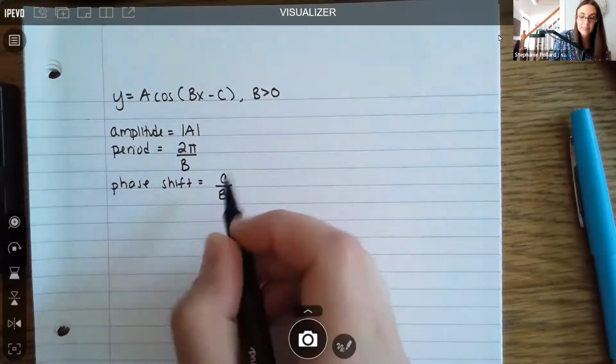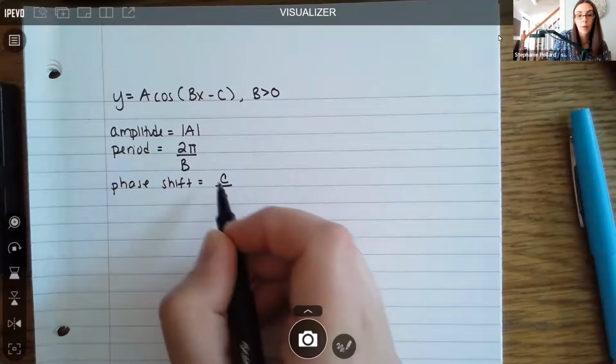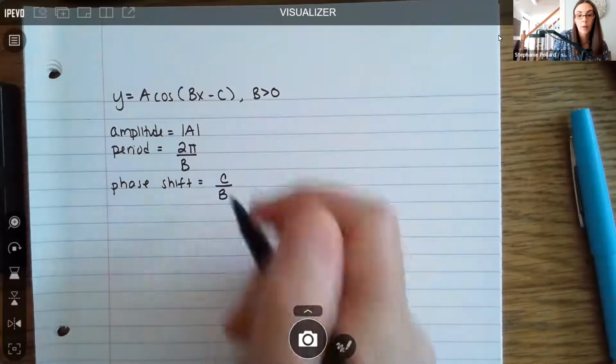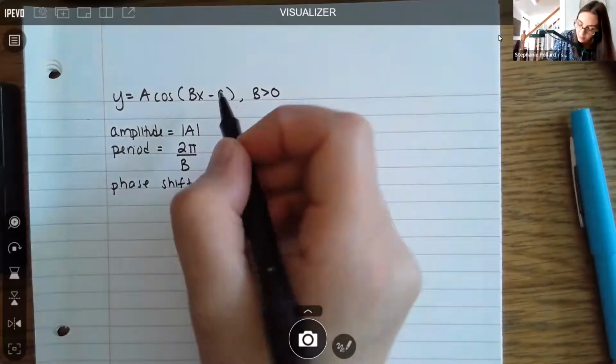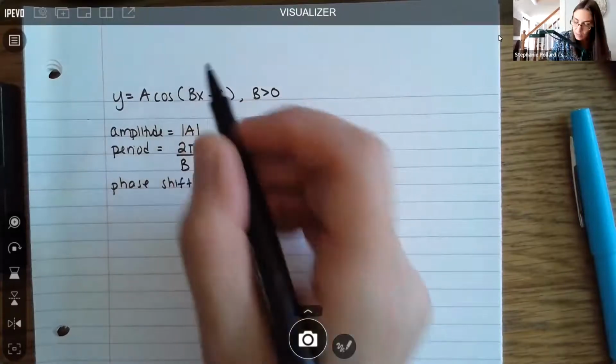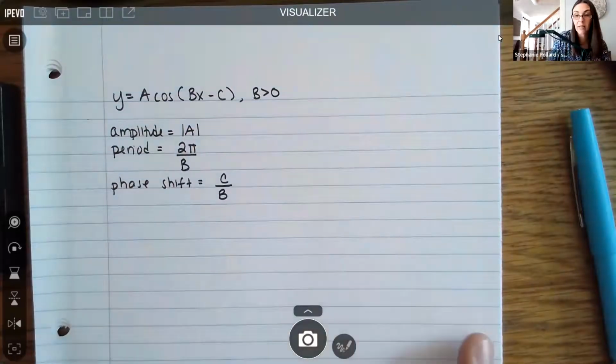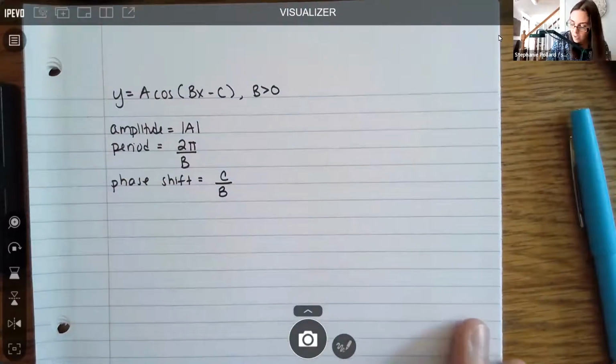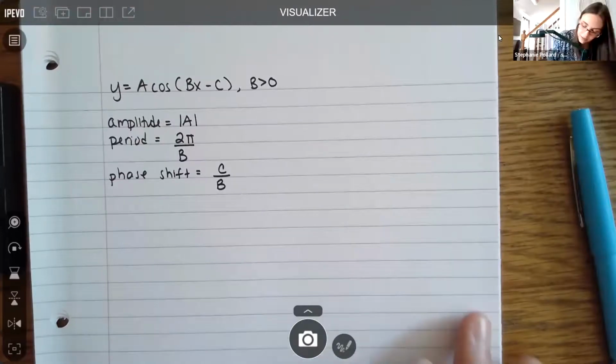And it's C over B. So whatever C is, divided by B. And again, if your C over B is positive, then your shift is to the right. So you're starting to the right of 0. And if your C over B is negative, so what happens is you actually have a plus sign there because a negative and a negative make a positive, you actually start to the left of 0 for your cycle.